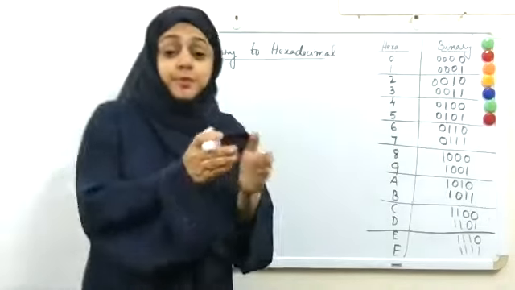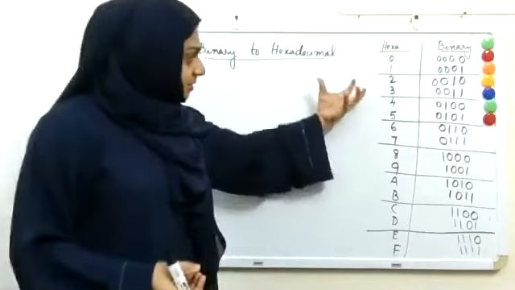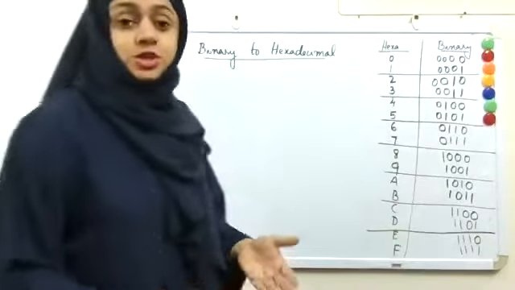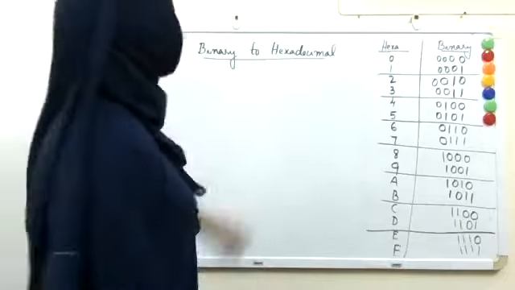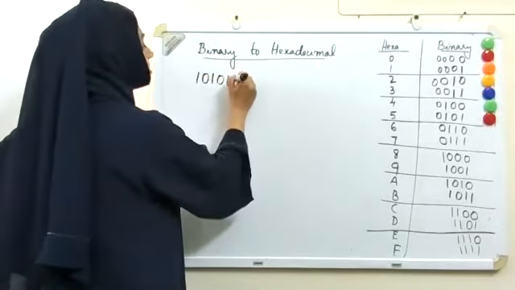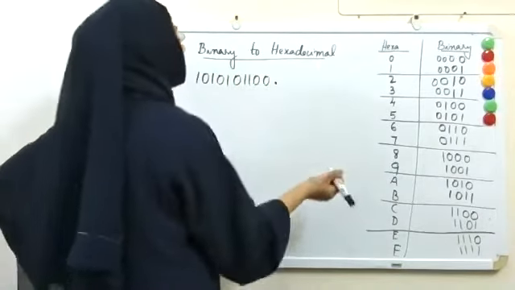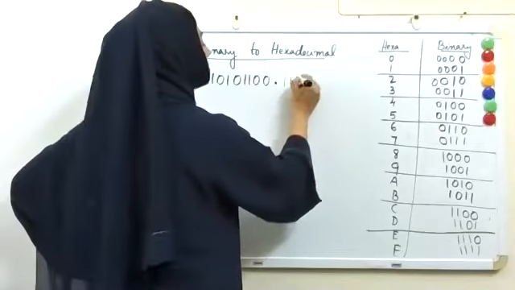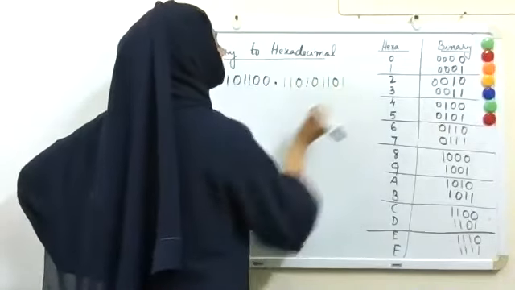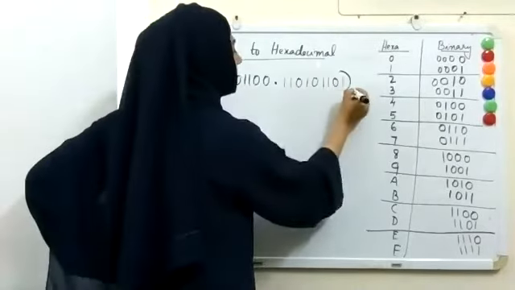I'm going to take a big binary number, because to convert to hexadecimal we need multiples of 4. So the number is 1 0 1 0 1 0 1 1 0 0 point 1 1 0 1 0 1 1 0 1. Suppose this is the binary number.